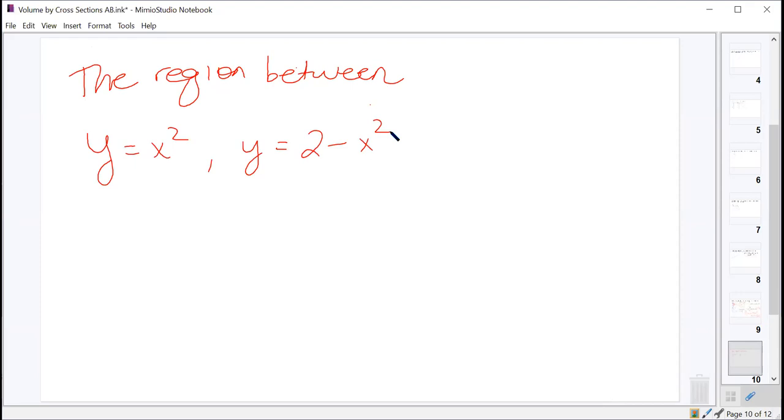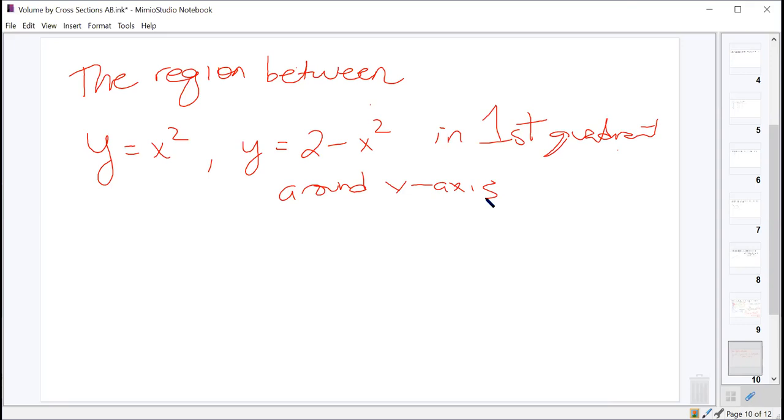Let's say the region between that in the first quadrant, around the x-axis. Sound good? Yeah. Everybody at home good with that? Okay. All right.